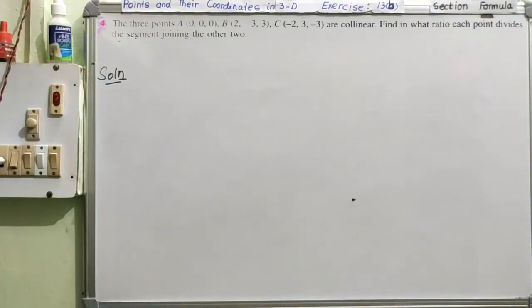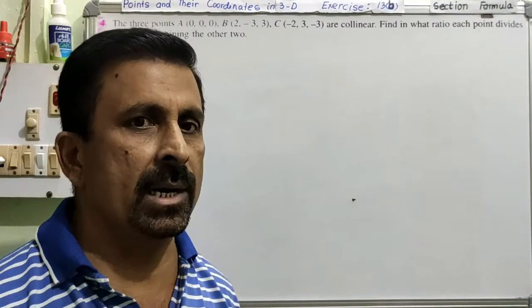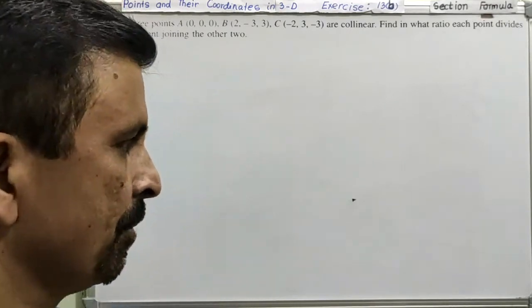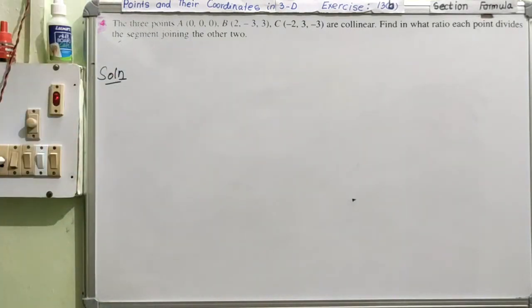Please look at the board. Question number 4. What does question number 4 say? The 3 points A, B and C are collinear.